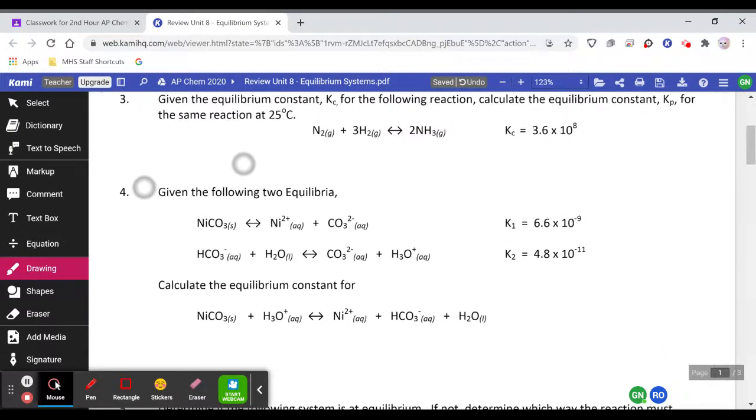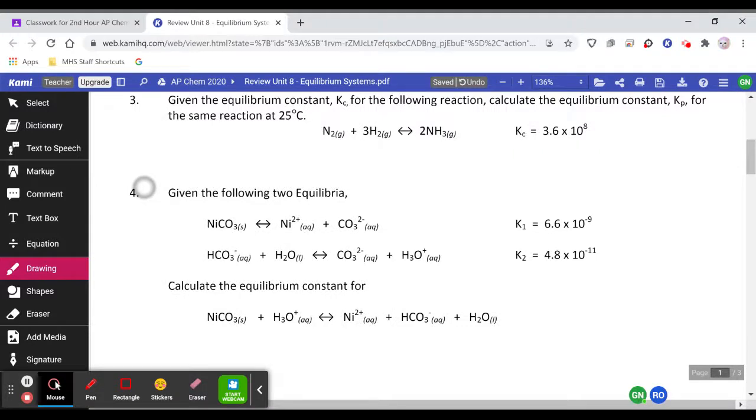Okay, on number 3, given the equilibrium constant K sub C for the following reaction, calculate the equilibrium constant K sub P for the same reaction at 25 degrees Celsius. For this one, we know that our K sub P is going to be equal to our K sub C times R times temperature in Kelvin raised to the delta N. Delta N is going to be our change in moles.